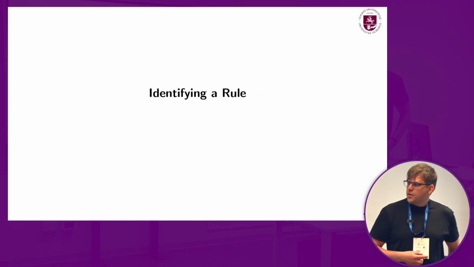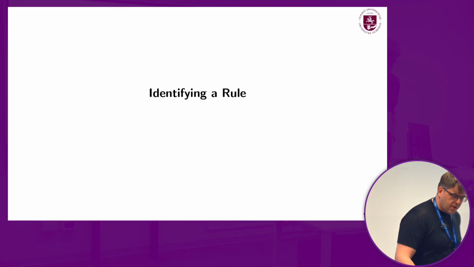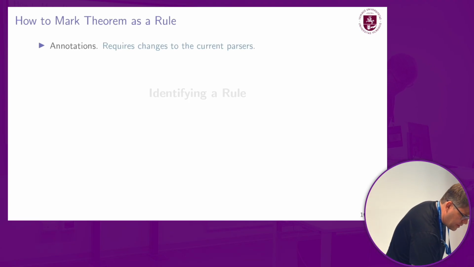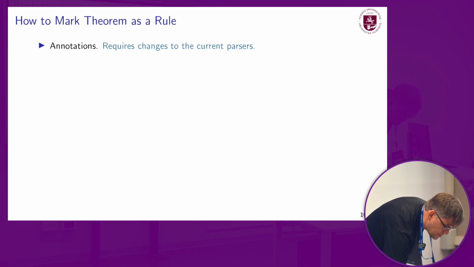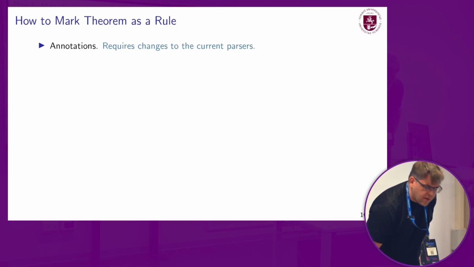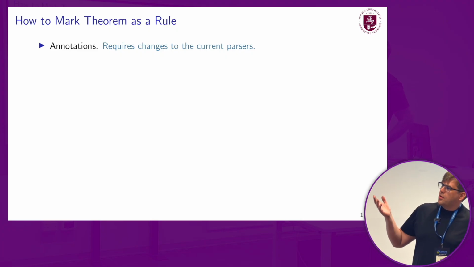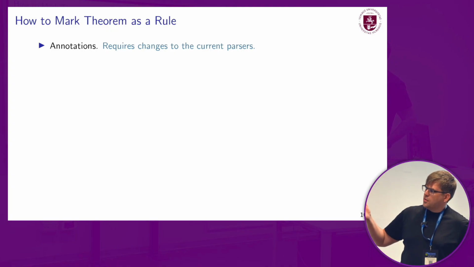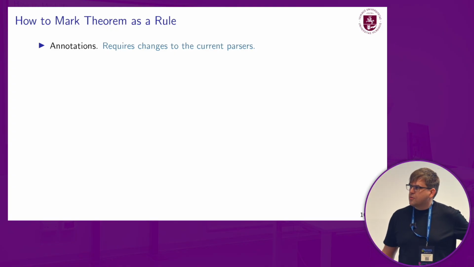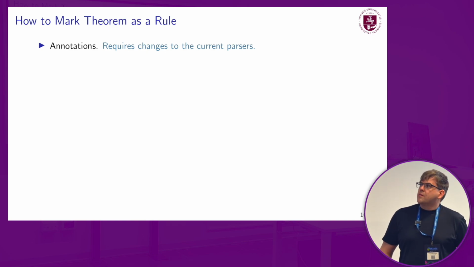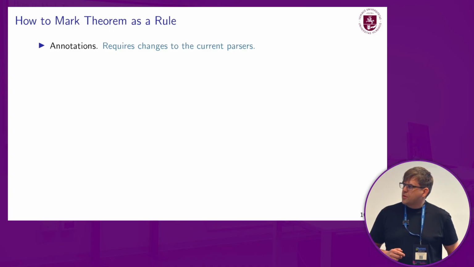Okay, so if we know how to encode or write the rule, we can try to think how to identify which theorems, if we write them as theorems, are rules. Not all the theorems become rules, because there are a lot of them. And if all of them were proposed to the user as possible decompositions, that would be a mess.